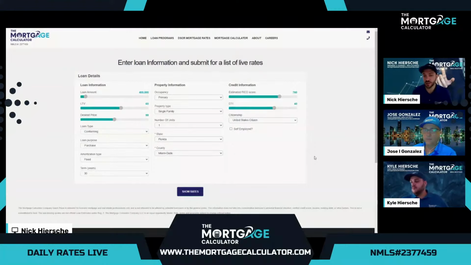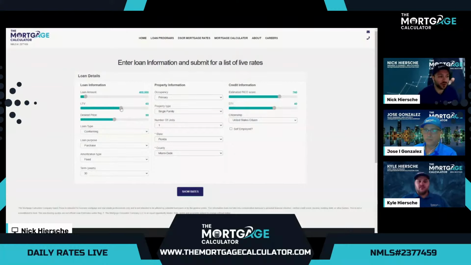But if you want a full loan estimate with all of your full loan terms, please get with one of our licensed loan officers. We're licensed in 16 different states for residential, primary, second homes, all the regular stuff. And then we can do what we're about to talk about, the DSCR business purpose for short-term rentals, which will be our detailed topic today. We can do those in most states as a business purpose loan. So a lot of different options. But let's go through and check out the rates for today.